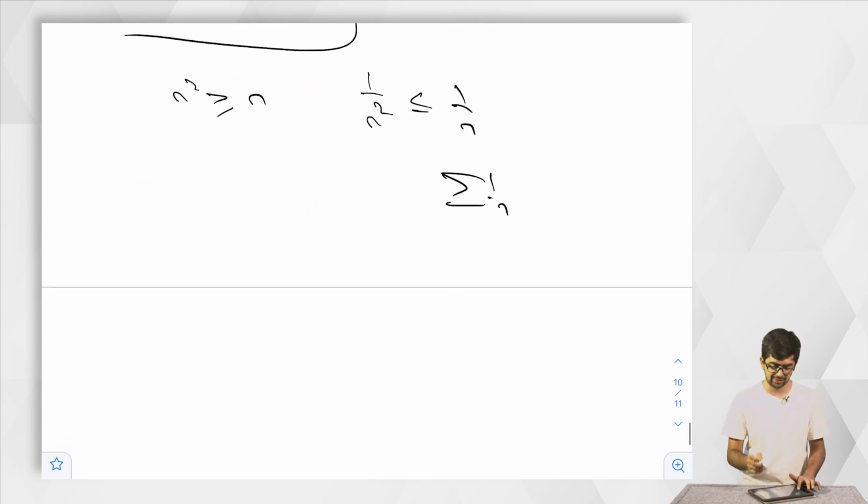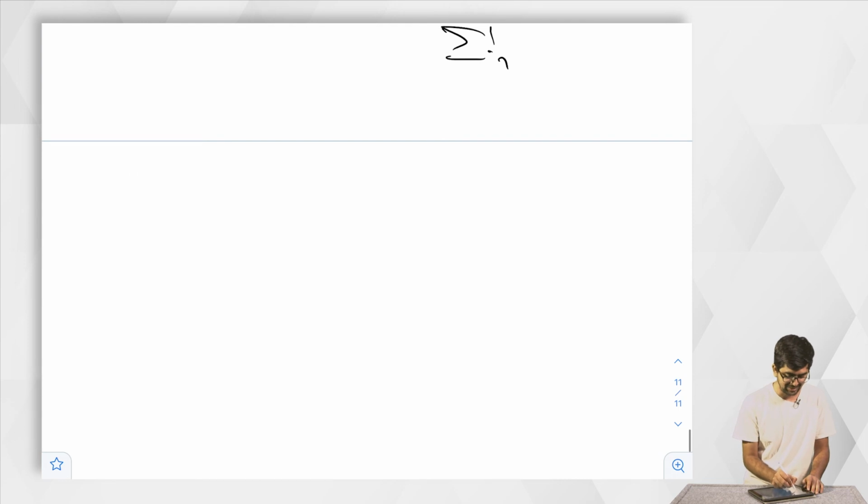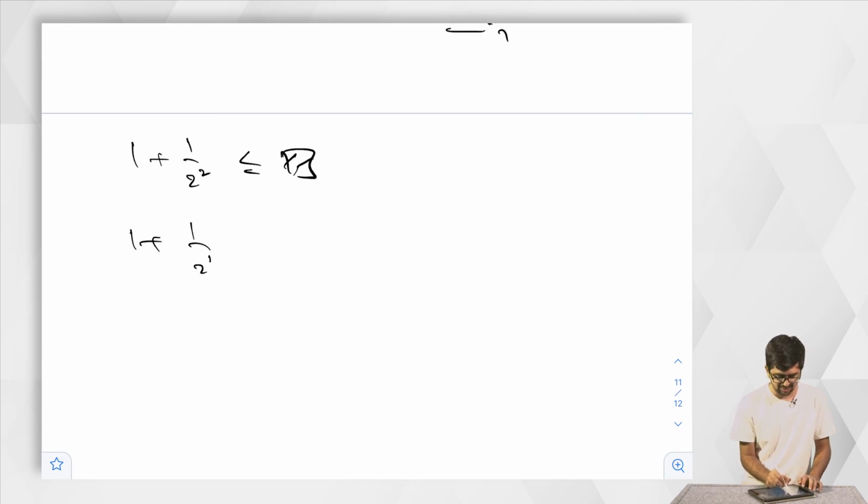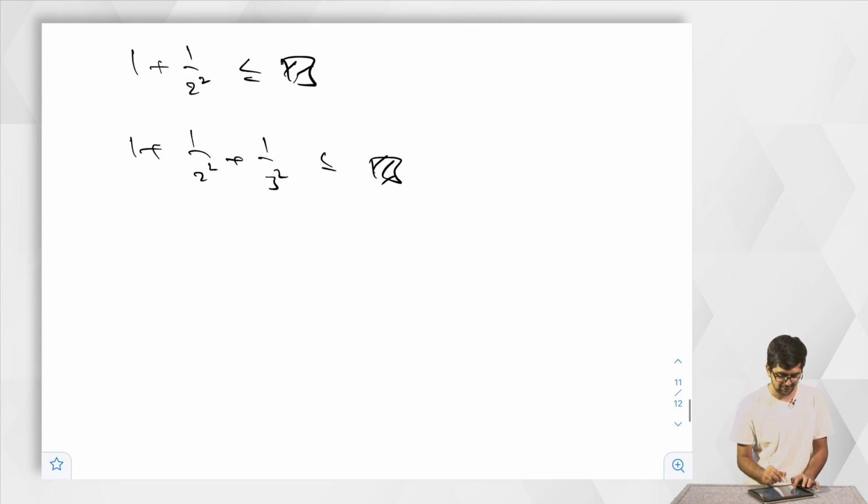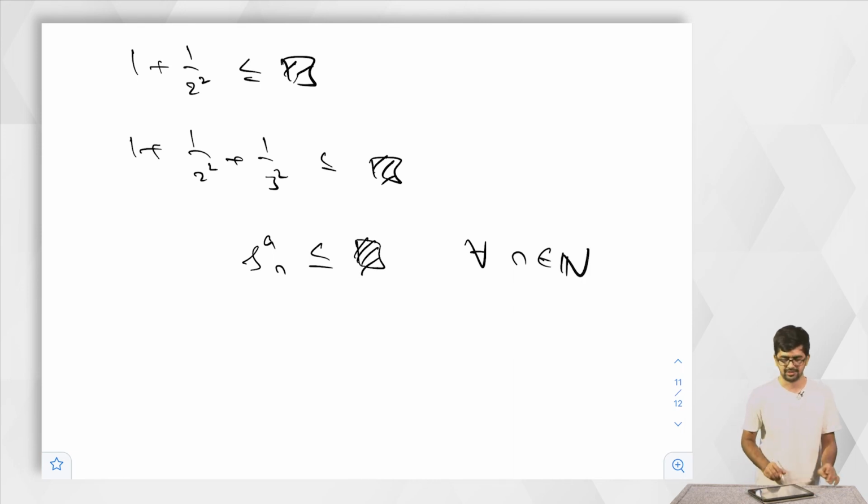So I need to check the following: 1 plus 1 by 2 square plus 1 by 3 square up to n, and this bound should be the same, it should not be different depending on the n I am choosing. So we need to have S_n less than or equal to some number for every n belongs to N. That is the strategy. Now how do we proceed further?